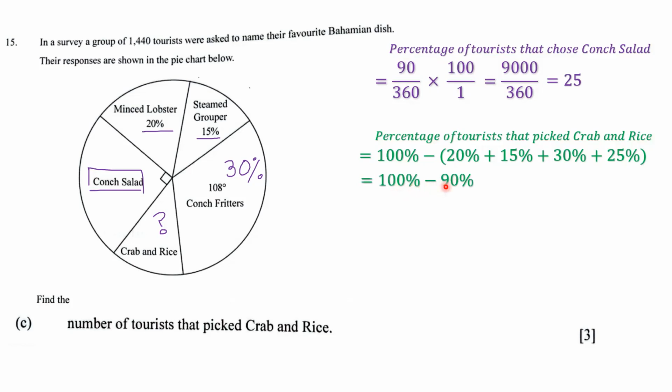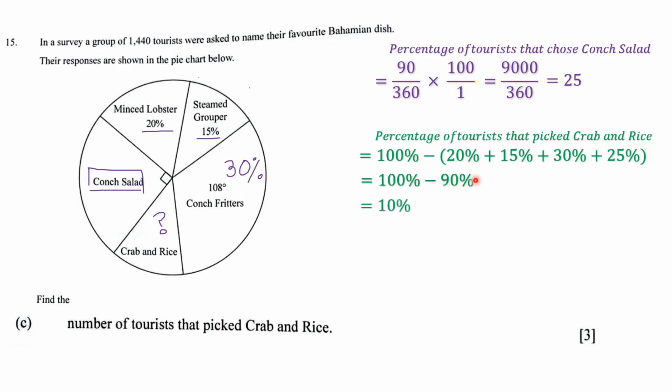The reason we subtract from 100 is that in terms of a percentage they should add up to 100%, but in terms of an angle they add up to 360 degrees. So the percentage of tourists for crab and rice is 100% minus 90%, which gives us 10%.